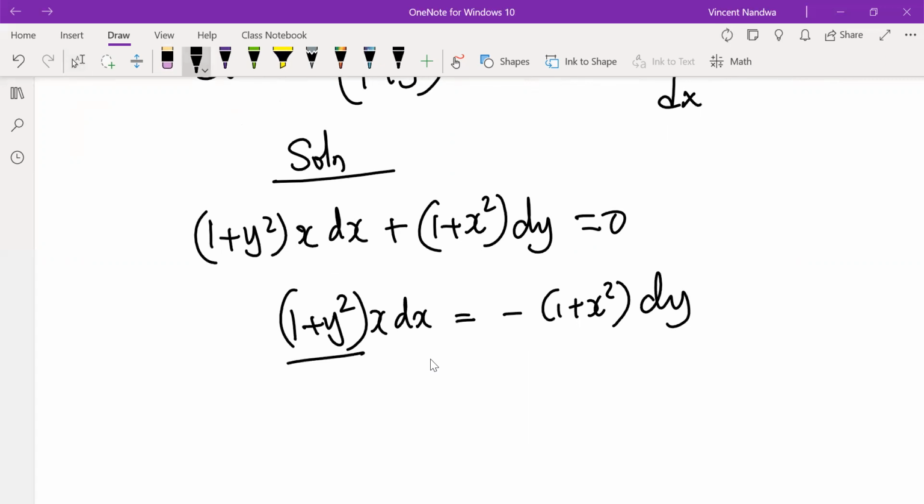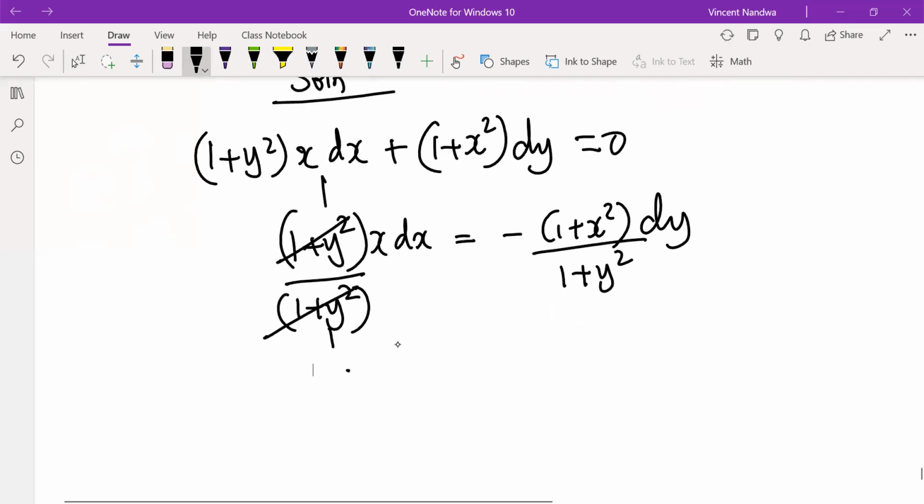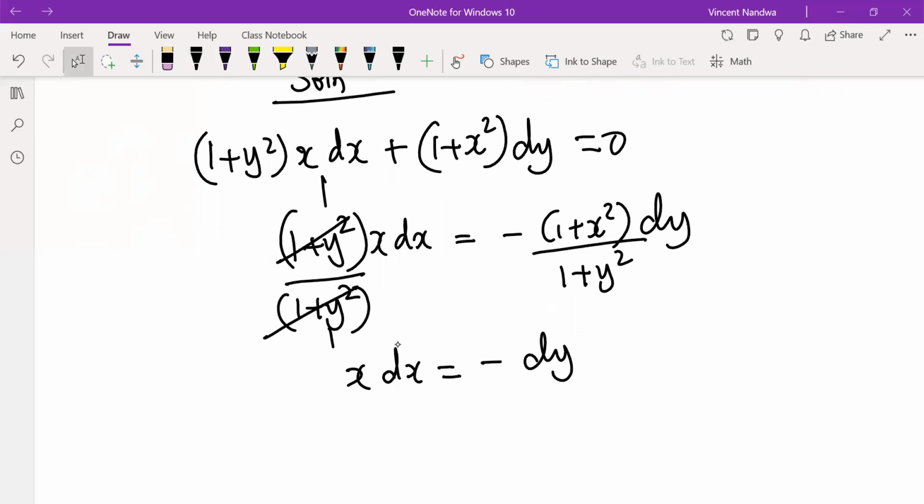So we can divide through by 1 plus y squared, so this and this cancel out. x dx equals negative dy, so we have negative (1 plus x squared) over (1 plus y squared).